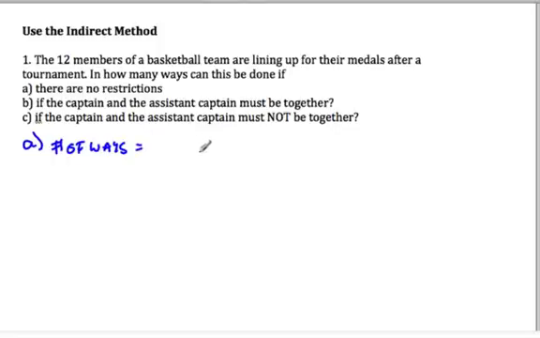will be equal to the permutation of 12 choose 12, because all the players are going to line up and get medals. So this ends up being 12 factorial over 12 minus 12 factorial, which is 0 factorial, which is just 12 factorial.